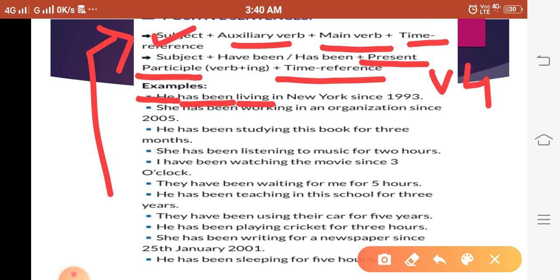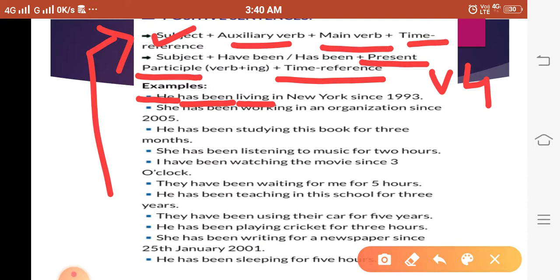Living is the fourth form of the verb live. Because the exact year is given here, since has been used. Clear?